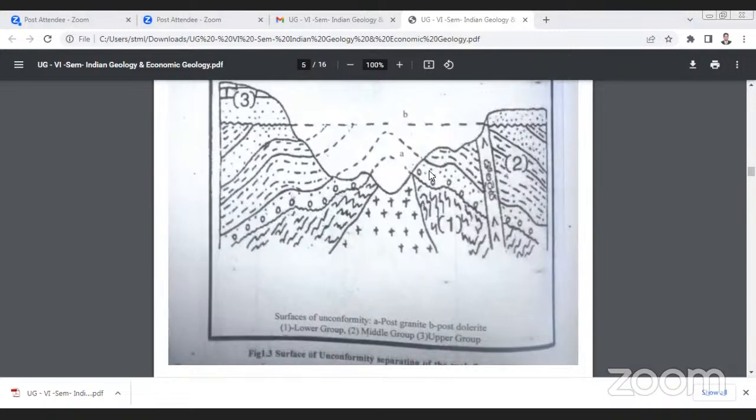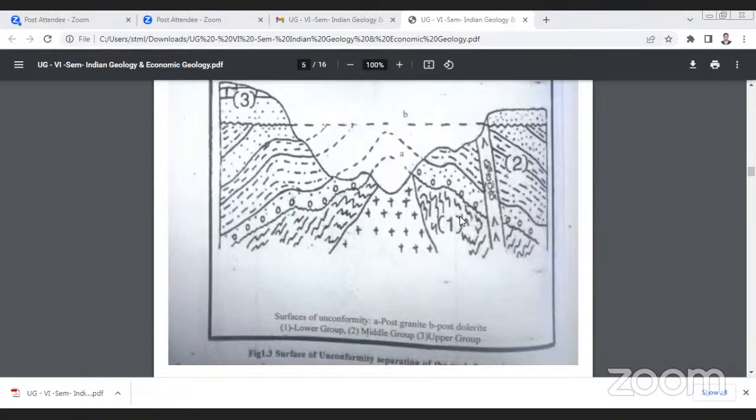Post granite means after the formation of the granite, and post dolerite, dolerite is a younger rock. So the first one belongs to the lower group, the second one is the middle group, and the third one is the upper group.